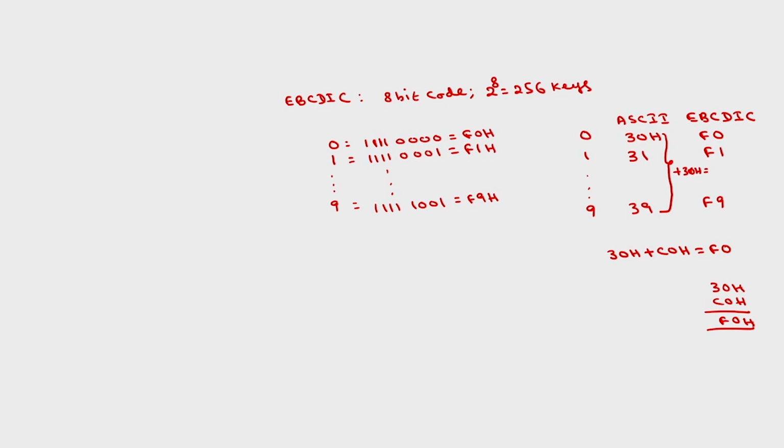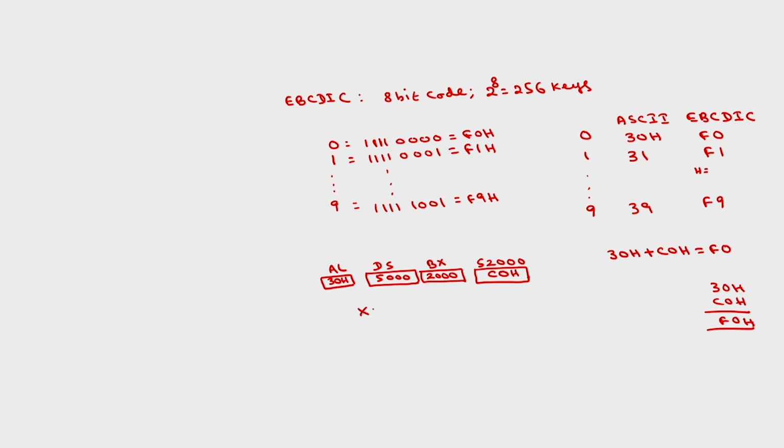So in XLAT, how can this conversion be performed? I will take in AL first the code corresponding to ASCII, which is 30H, and say DS is equal to 5000, BX is equal to 2000, and in 52000 I will store the value which is to be added to get EBCDIC from ASCII. What is that value? It is C0H.